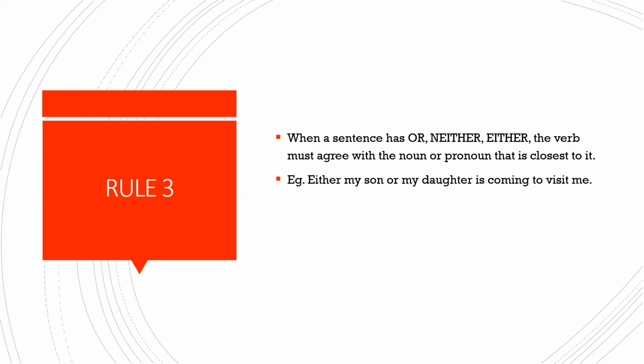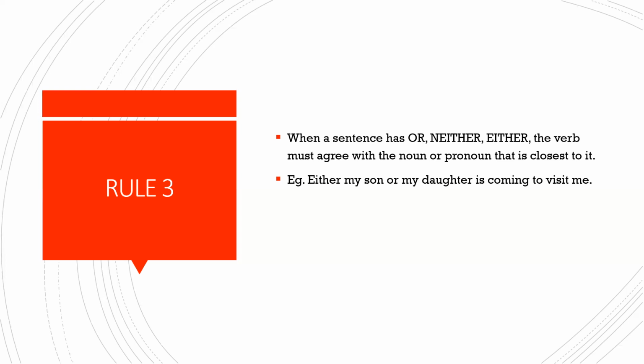Either my son or my daughter is coming to visit me. Now, if you just look at the sentence, not considering the rule, you might think, oh, son and daughter, two people, so I should use the verb are, but that's not how it works. Either my son or my daughter. That's what the sentence says. So it is either this person or that person.